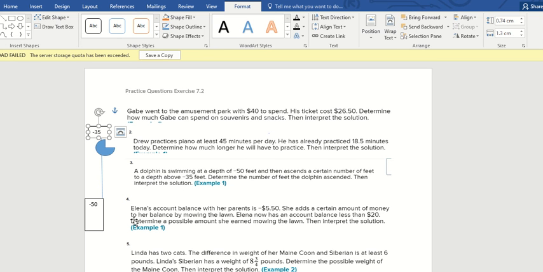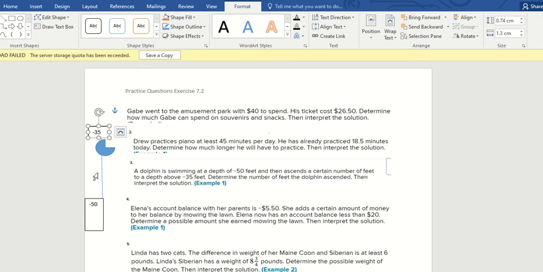Then ascend a certain number of feet to the depth above. So it will be greater than, right? Above means it will be greater than. So determine the number of feet the dolphin ascends. We will say the dolphin ascends X number of feet, and we already have minus 50 here.